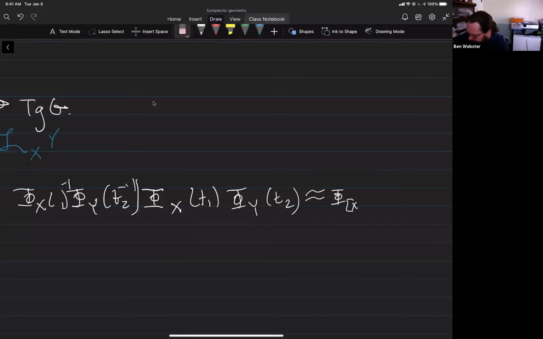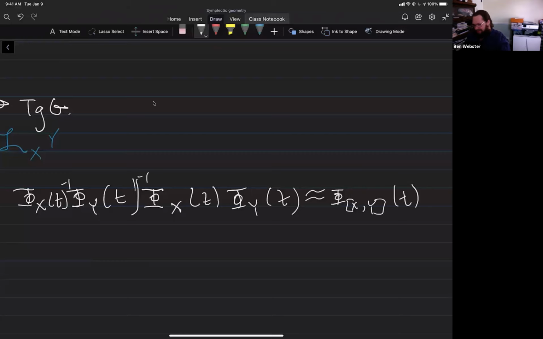Oh, I made a mistake here. I shouldn't have done different times. This is approximately flow by time t by the Lie bracket. And these different formulations of it are just manipulating this guy.